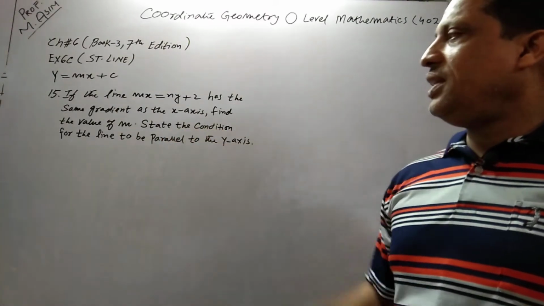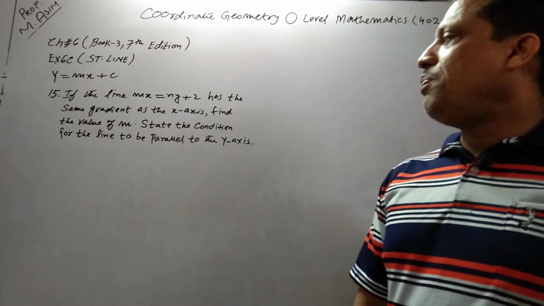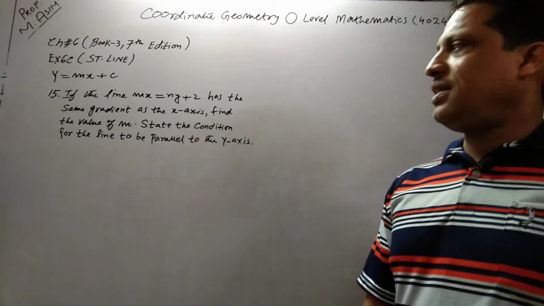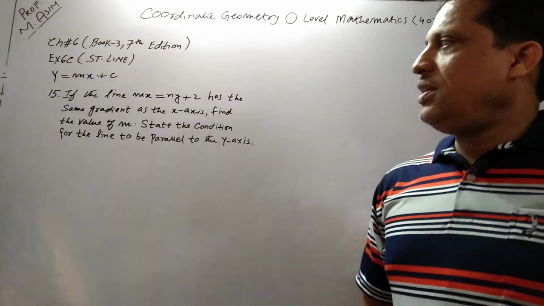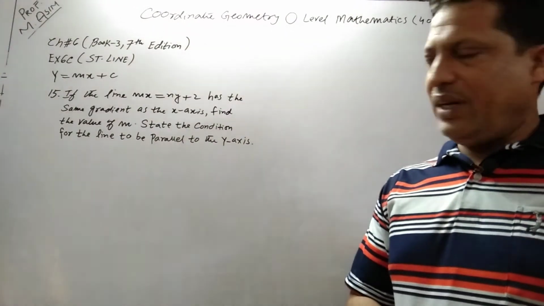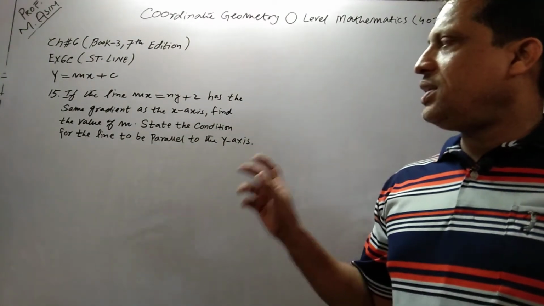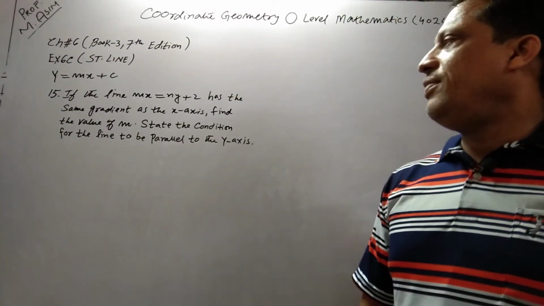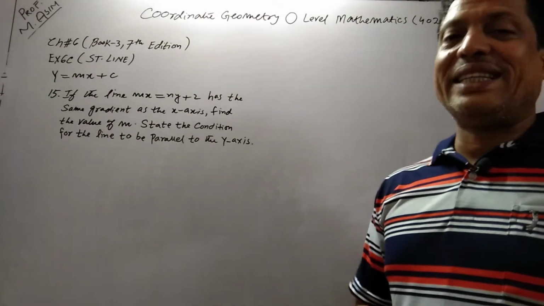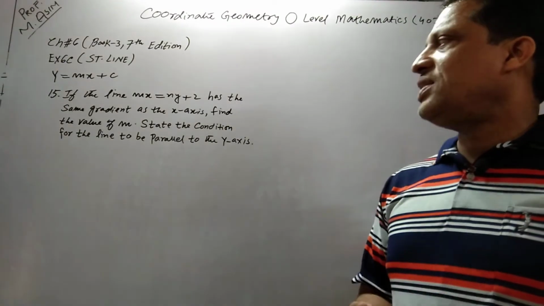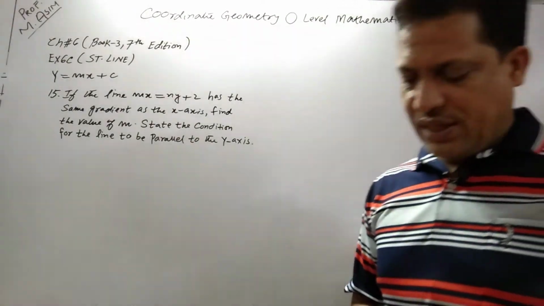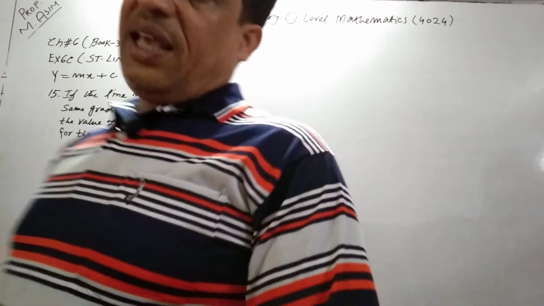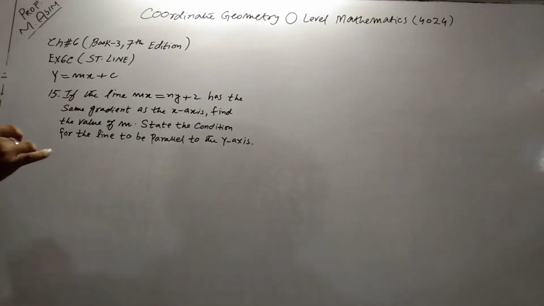State the condition for the line to be parallel to the y-axis. So in this question, there are two requirements. One is to find the value of m, and the other is to find the condition when this line is parallel to the y-axis. Very easy, very important question.